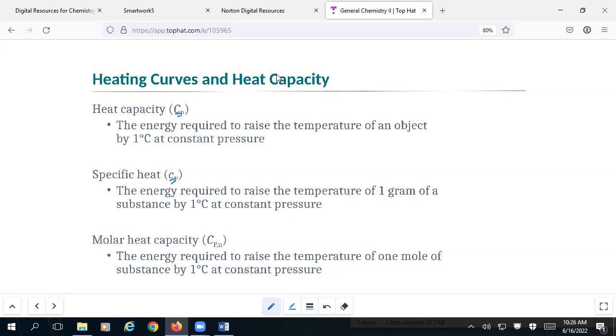How much heat does it take to raise the temperature of 1 gram of that substance by a degree? In that case, the differences don't matter anymore. If they're the same substance, they'll have the same specific heat. The difference between the energy is just merely how big they are. The one that's bigger is going to require more heat overall, but it's going to have the same specific heat value. Now I just need to measure how big they are to figure out the heat value instead.